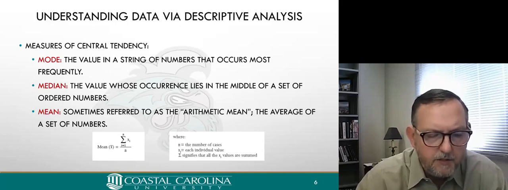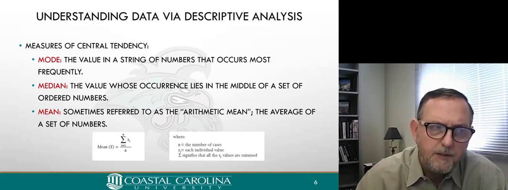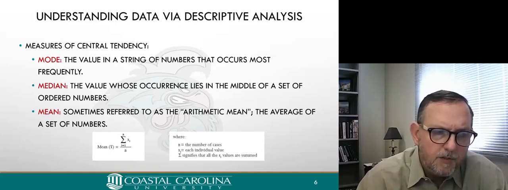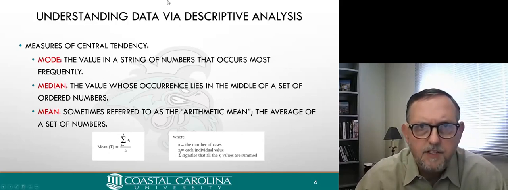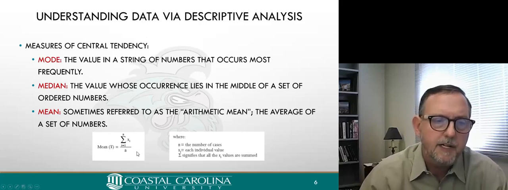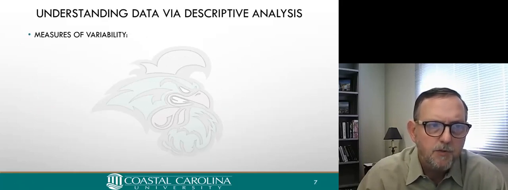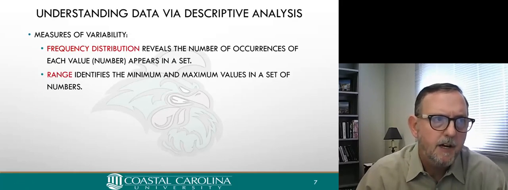Software that you use would make perfect sense with it as well. So mean, median, mode. Remember, the mean is the sum total divided by the number of cases, right? So we should be able to report those as appropriate based on the data type.